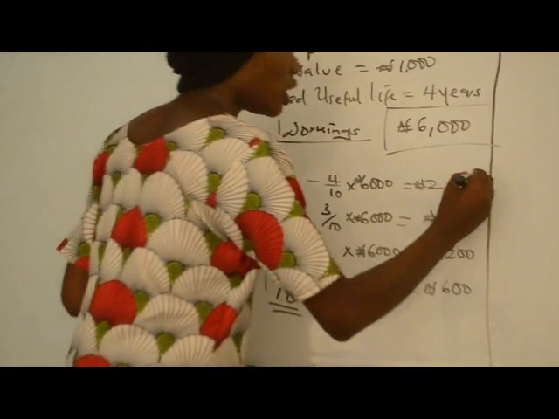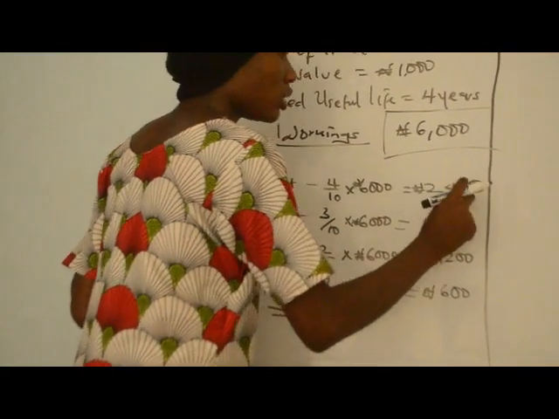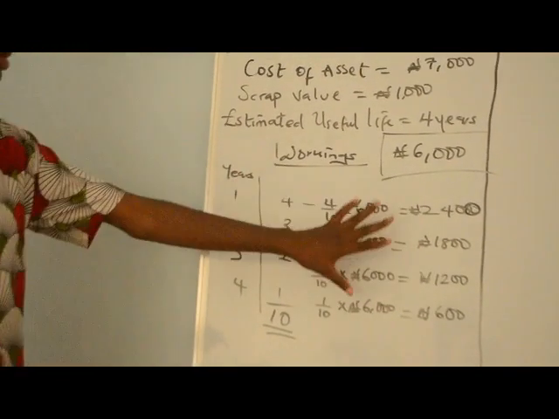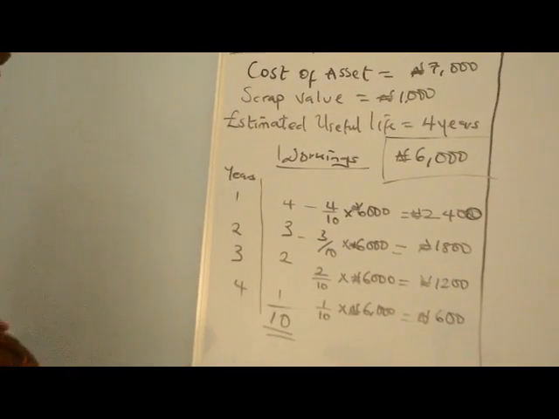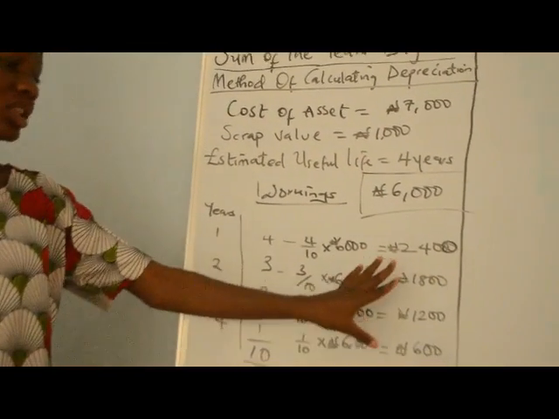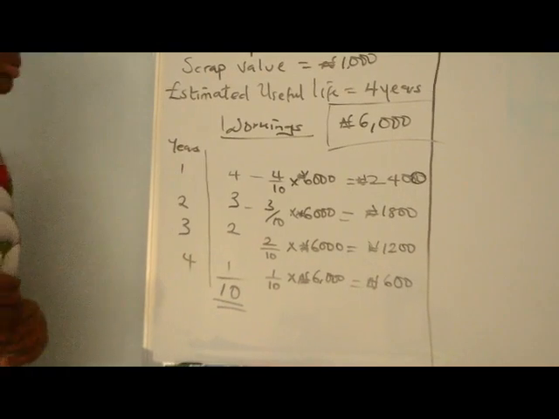Okay, 2,400 naira. Please, sorry about that. It's supposed to be 2 zeros. Alright, so if you sum up this together, you're supposed to have 6,000 naira, which is our depreciable income. Okay, so we've split that over the years. So for every year we'll be adjusting this, but before then we'll be making our depreciation schedule right now.